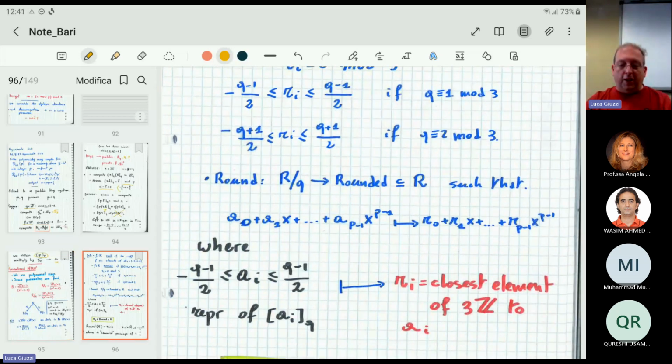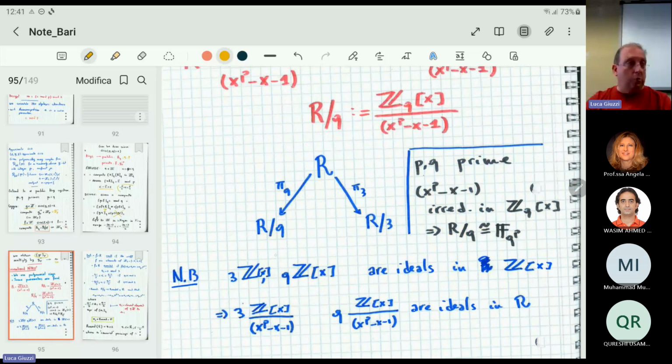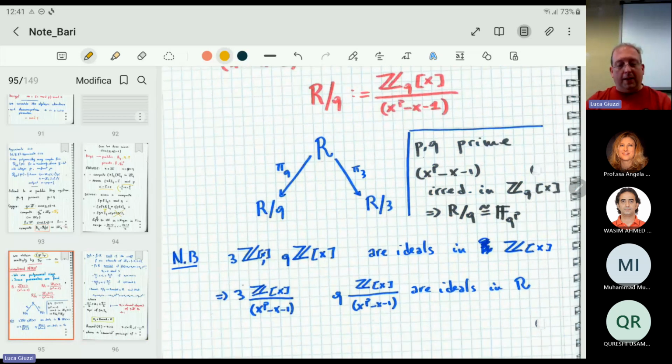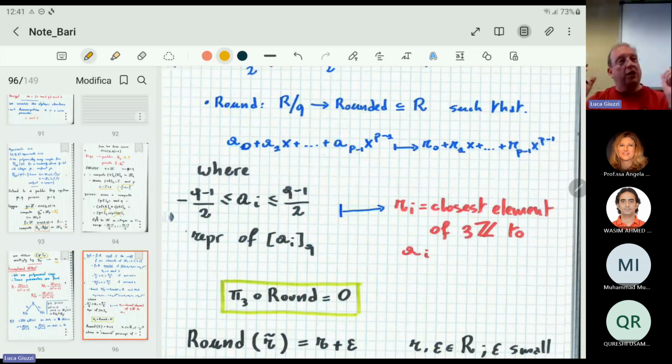And we define an operation round, which goes from the ring down here to R, which basically corresponds to choosing the smallest residue class representative for residue class we were doing before. So I said, I take as a representative for this residue class the smallest non-negative element which is in there.